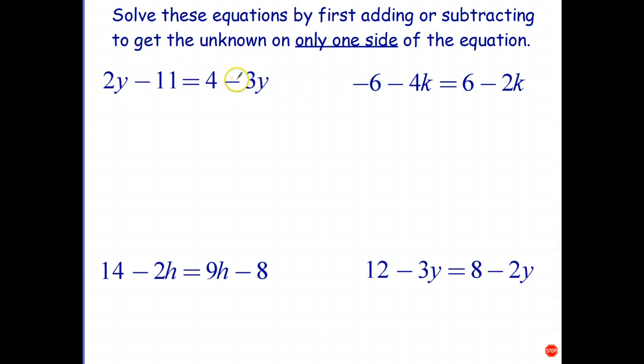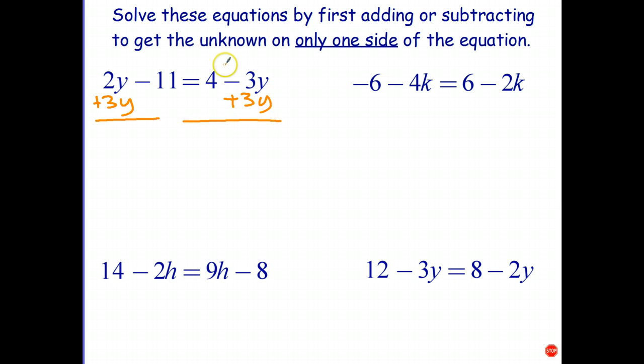So if you have, in this case, one of your two terms involving the unknown being subtracted, the best thing to do is just add it. So I'm going to go plus 3y to both sides. Let's see what happens when I do that.